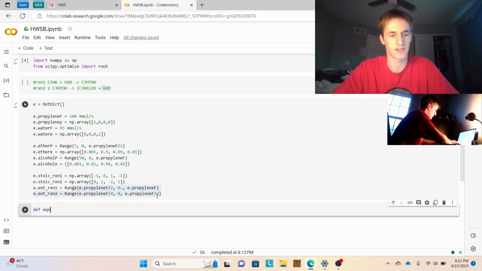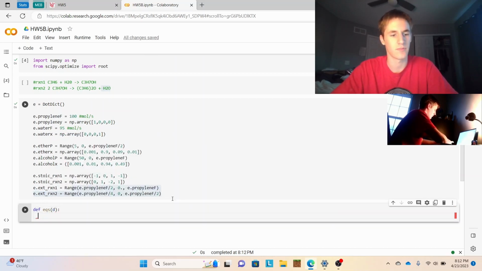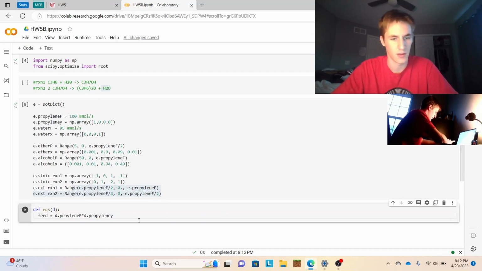So if we define a function here, define equations given a dictionary, right? We say feed equals d dot propylene feed times d dot propylene y. Oh, I missed the period. Plus our d dot water feed times d dot water x.